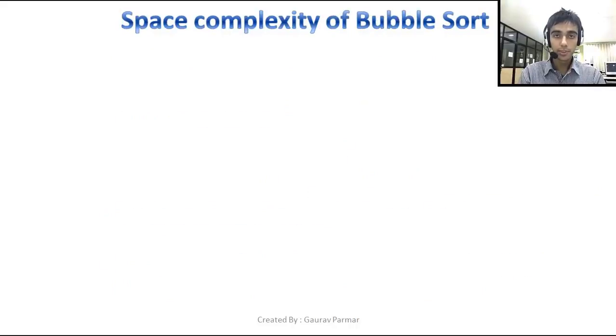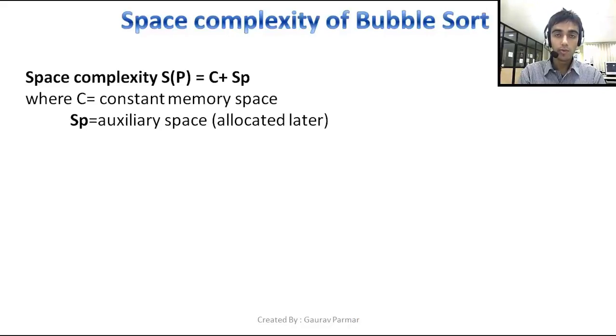Now let's calculate the space complexity of bubble sort. As far as the space complexity is concerned, it is the combination of the constant memory space as well as the auxiliary memory space. The auxiliary memory space is the memory space that is allocated later at runtime. So if we try to create an equation for space complexity, it will be like S(P) equals C plus S_P, where C is the constant memory space and S_P is the auxiliary space that is allocated later.